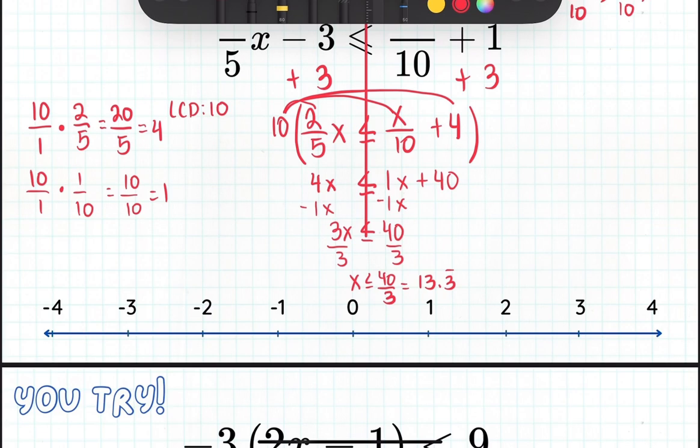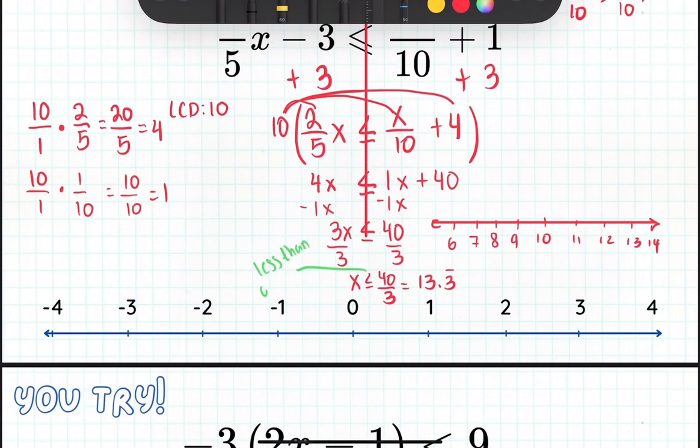So the way that we would graph this is, let me just make a quick number line over here. We're still working with less than or equal to, so we're still going to have that closed circle.